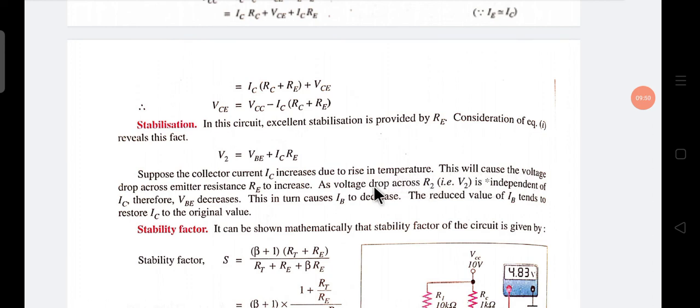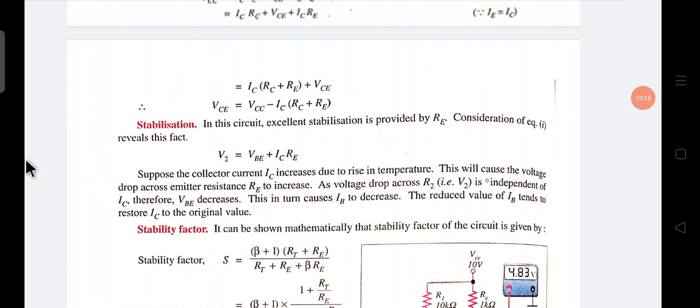This will cause the voltage drop across the emitter resistance RE to increase. Also, the voltage drop across R2 is independent of IC. Therefore, VBE decreases. This causes IB to decrease, and the reduced value of IB tends to reduce IC to the original value.